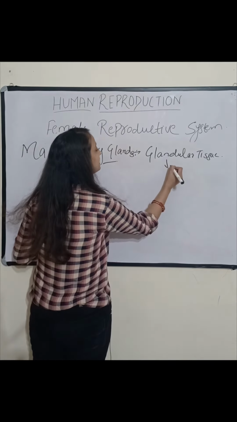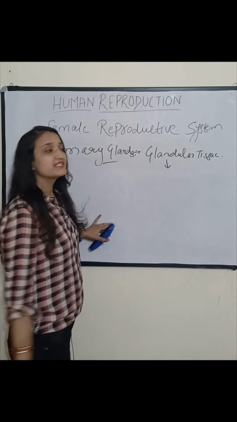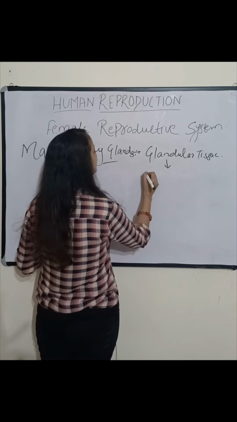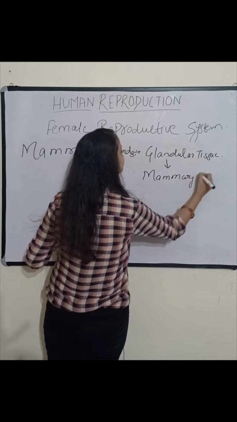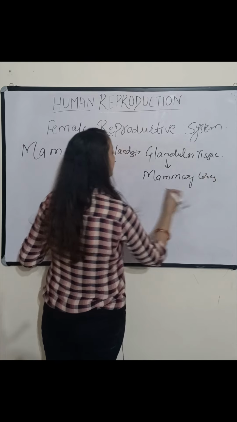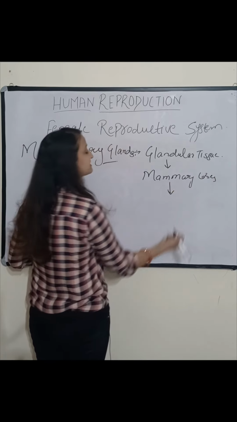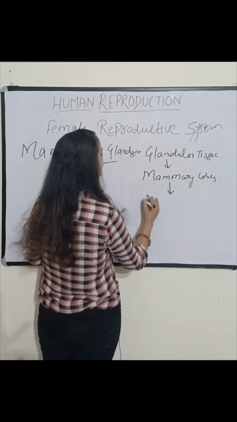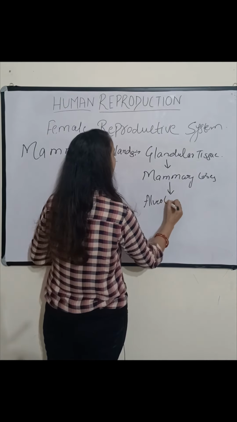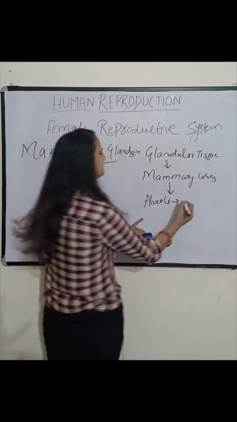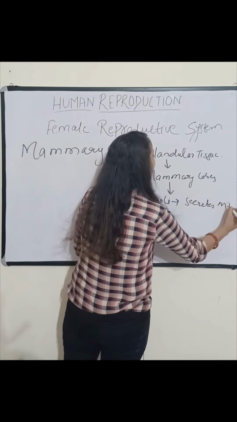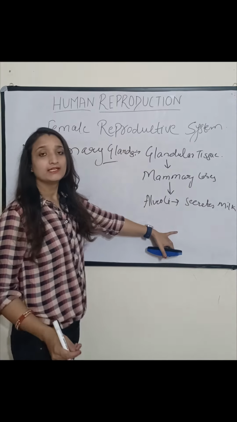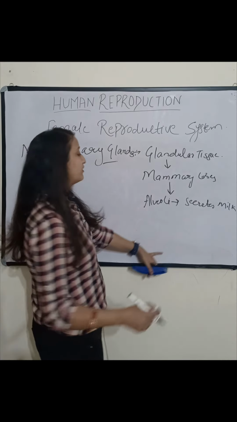The glandular tissue of each breast is divided into 15 to 20 mammary lobes. Mammary lobes contain clusters of cells known as alveoli. The alveoli secrete the milk, and milk is stored in the cavity of the alveoli.